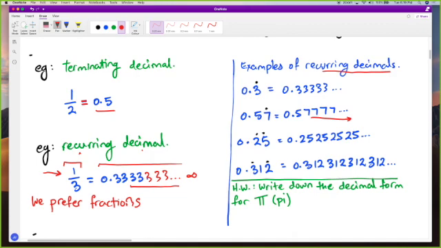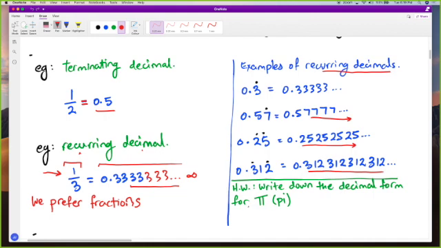Notice I have 0.25. We have two dots on top of the 2 and the 5, so both the 2 and the 5 are recurring. Notice I have 0.312 with the dots separated from the 3 to the 2. That means that anything between the dots will be recurring. 312, 312, 312.